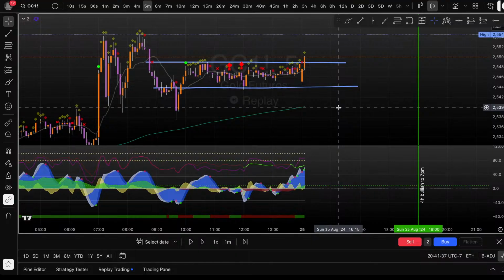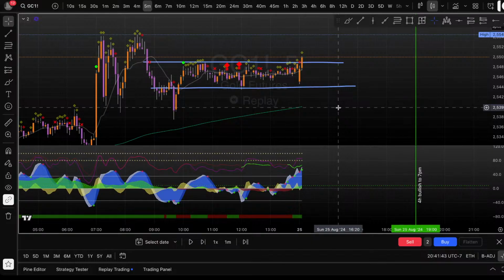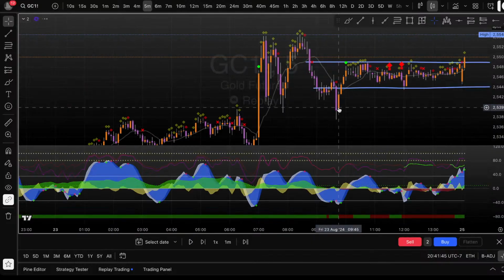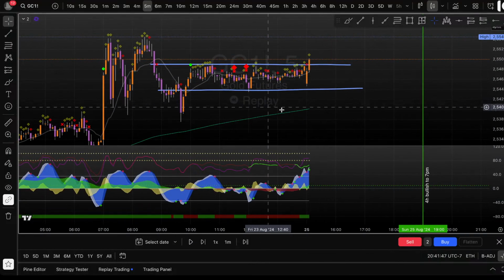Let's run it. Now, we can't forget to check out the 15. Make sure it's chilling while we progress here. It did it to me again. Why is it doing this?